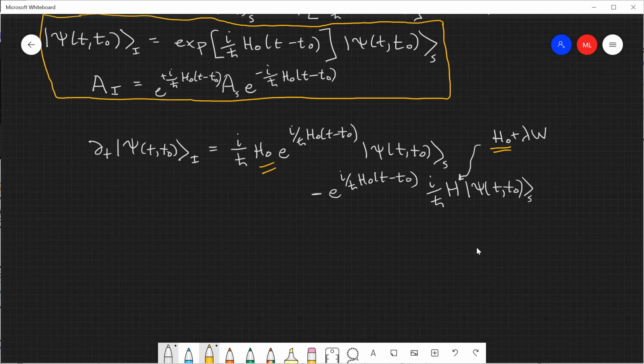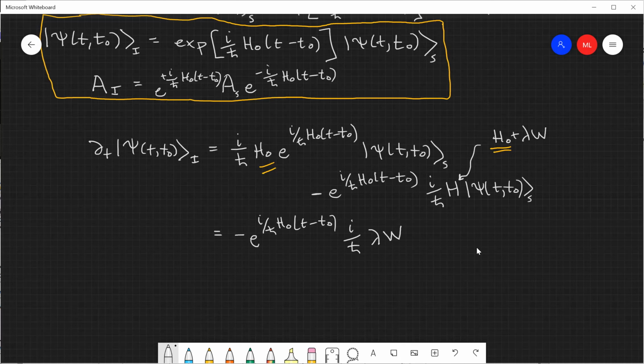That's how it was constructed anyway. We knew it was going to work this way because the interaction picture is constructed to undo the time evolution of the unperturbed piece. So unsurprisingly, in the Schrodinger equation, that part will just not be there. So that term cancels and you're left with e to the i over h bar H naught (t minus t naught), and here you have minus i over h bar, and the thing you're left with is just lambda W.